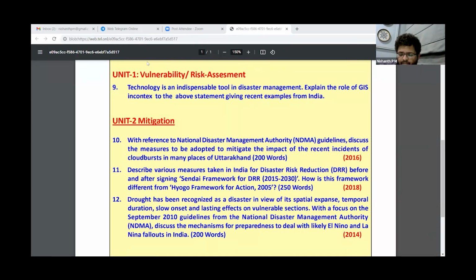Now the measures taken: the focus is on disaster preparedness, disaster risk reduction, understanding the vulnerability, mapping of the zones, early warning, and creating the capabilities to fight the disaster within those areas. So these are the important parts of the measures after the Sendai framework.